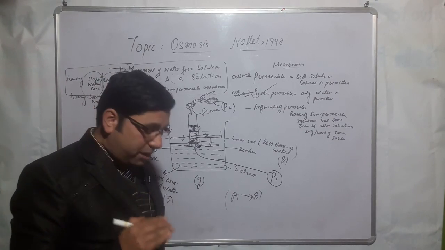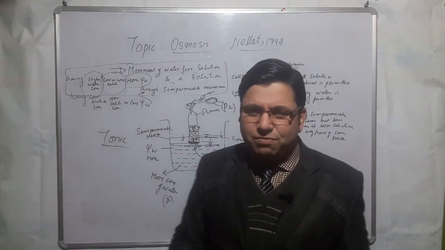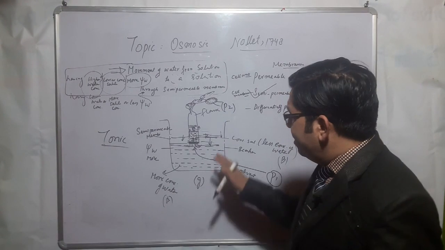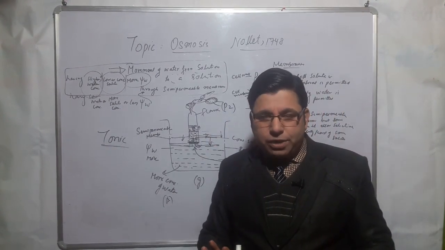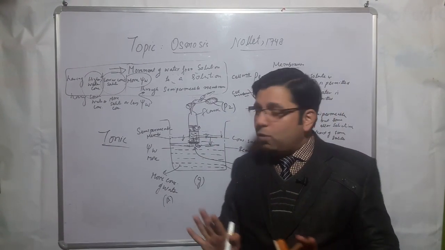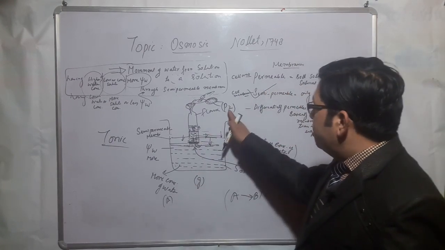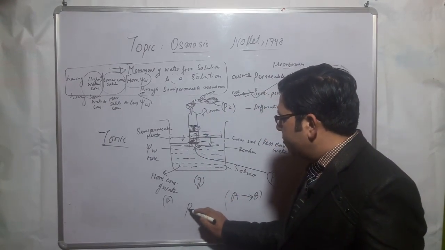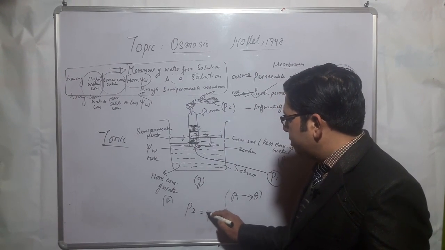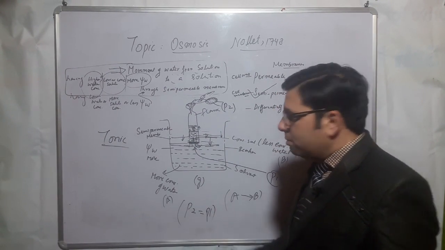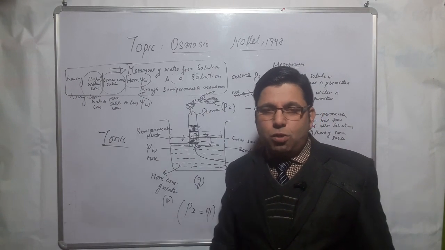We are preventing osmotic entry, and that's the main important point. Osmotic entry will be prevented only when P2 equals P1. When P2 is equal to P1, we will be able to prevent osmotic entry.